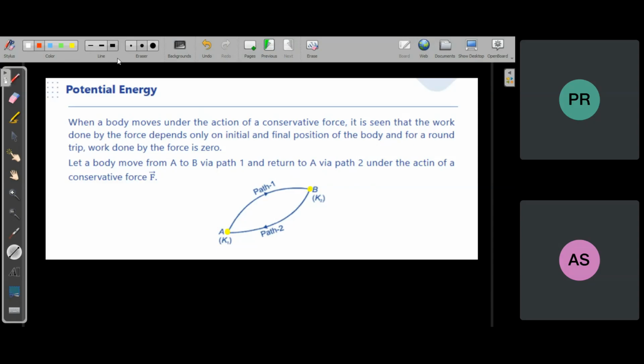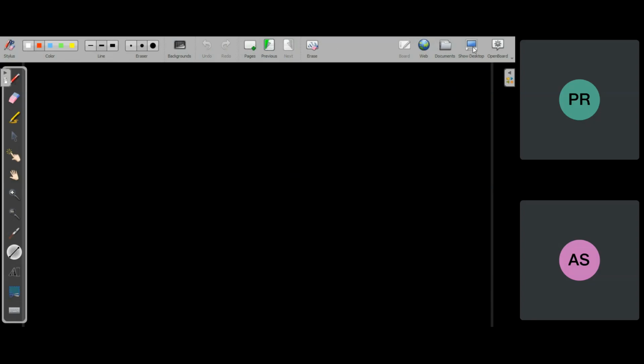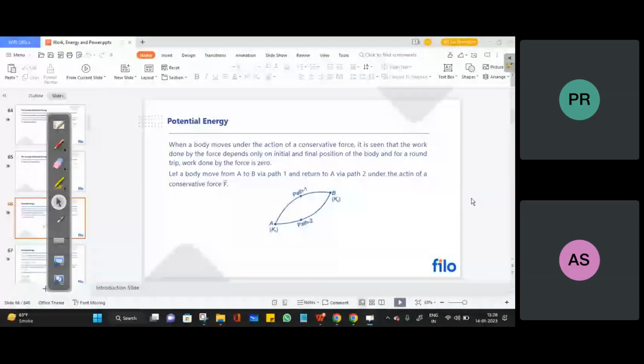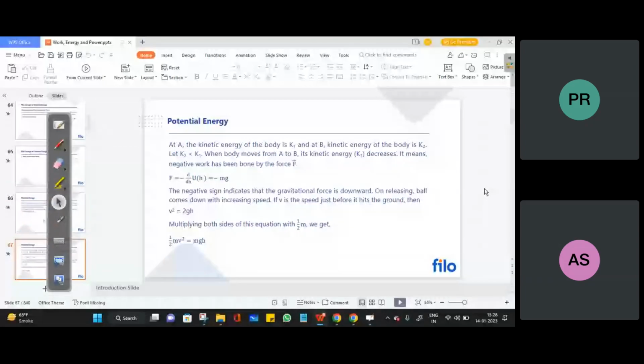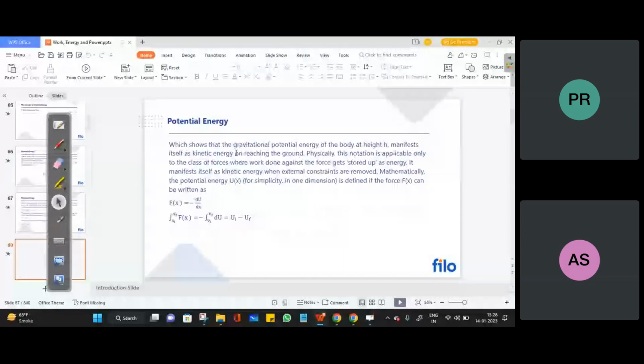Potential energy is always associated with a conservative force, and work done by a conservative force only depends on the initial and the final position of the body. No matter by whatever path the body goes from initial to final point, the work done will always be the same in all the paths.